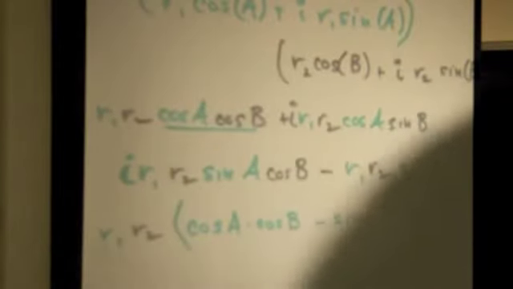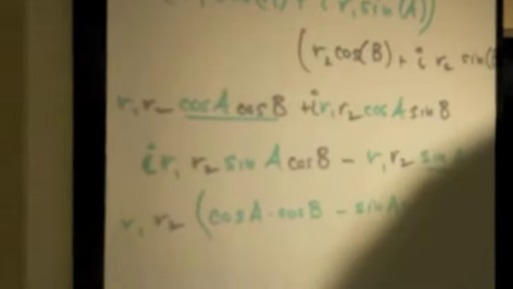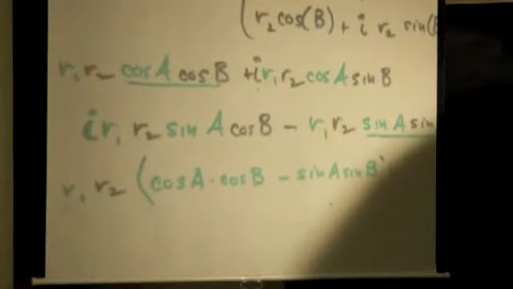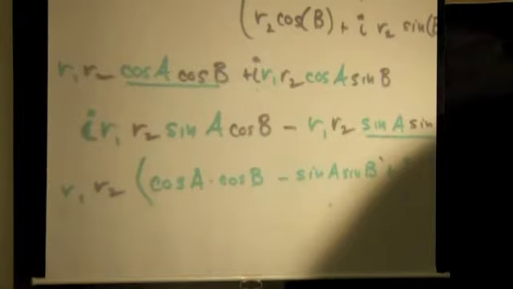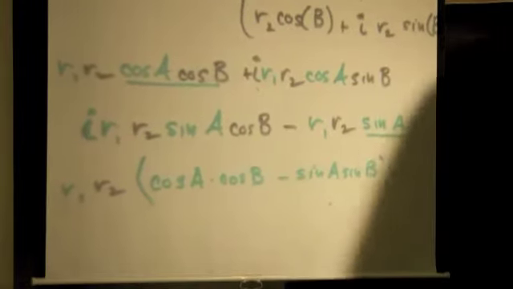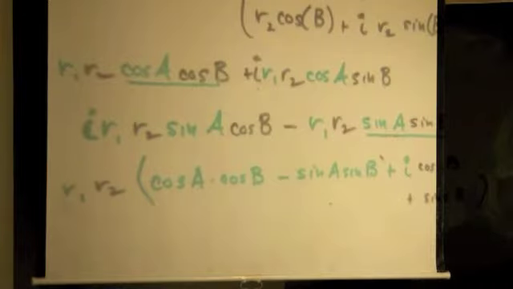The imaginary part is going to be this: cosine of A sine B, and then this part here, plus sine A cosine B. Now, in trig, there are some identities.